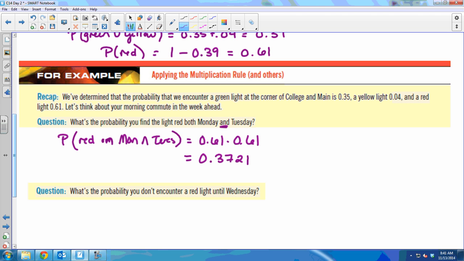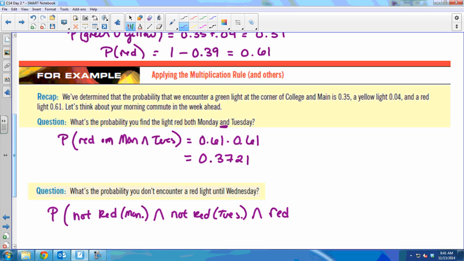What's the probability you don't encounter a red light until Wednesday? So that means you have the probability, if you want to think about it this way, that it's not red on Monday, and not red on Tuesday, but then it's red on Wednesday. Does that make sense?